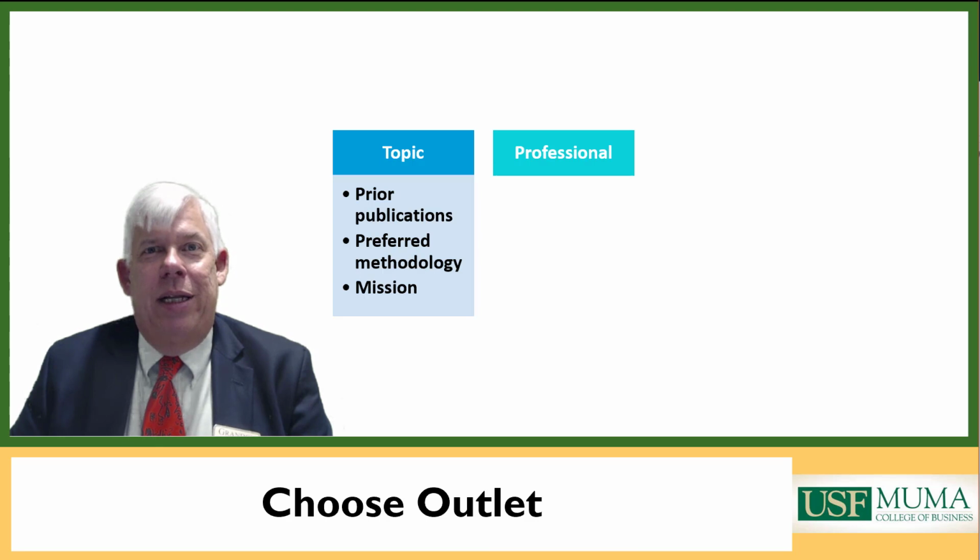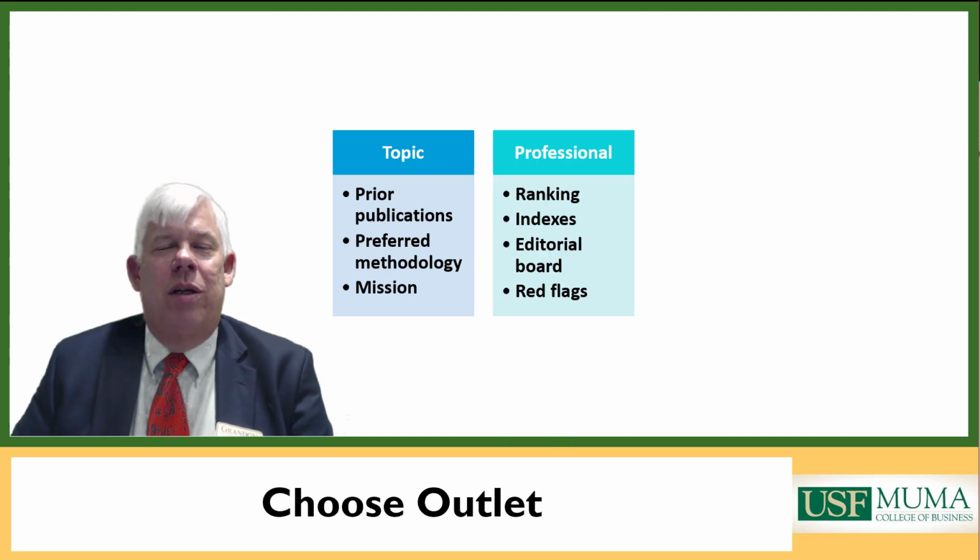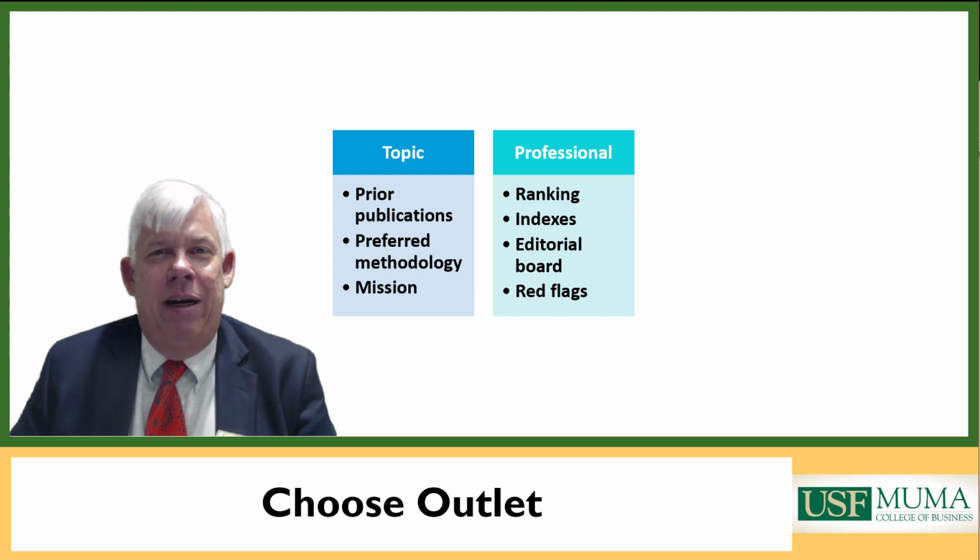Now, another thing that you want to look at is the sort of professional contribution of the paper, which is to say, what does it do for your career? And before you submit to a particular outlet, you want to look carefully at this. You want to look at the ranking of the outlet, what indexes the outlet is included in.